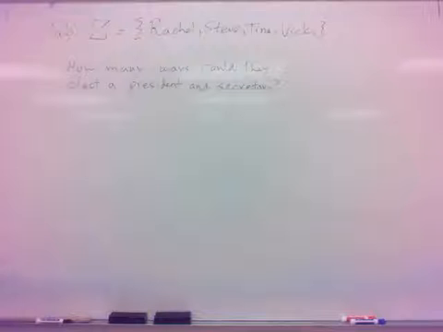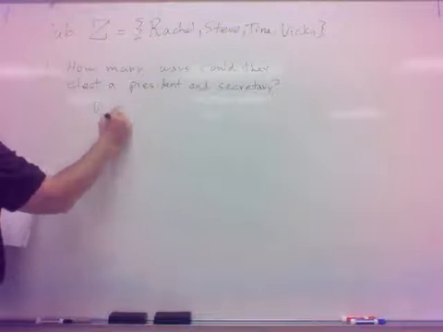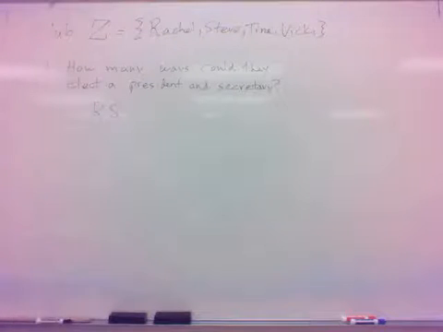Well, we're just going to list these out. We can have Rachel and Steve, which brings up the first point. I can't have repetitions on this very well, can I? It wouldn't make much sense, because Rachel would be president and secretary. We want two different people. So no repetitions is kind of implied.